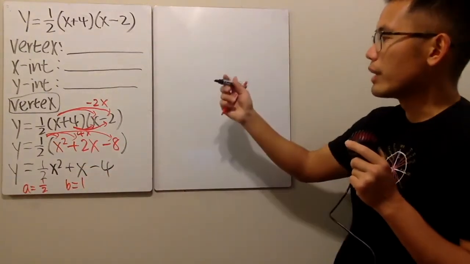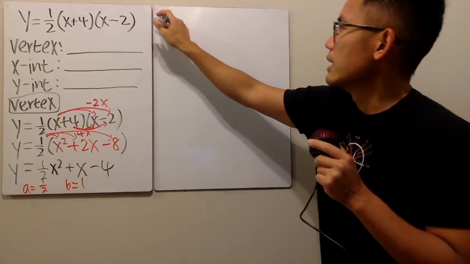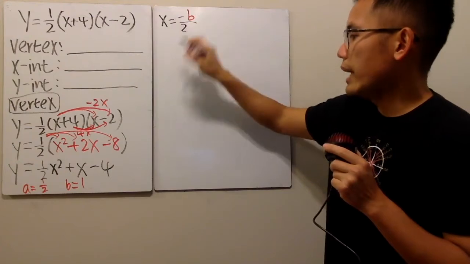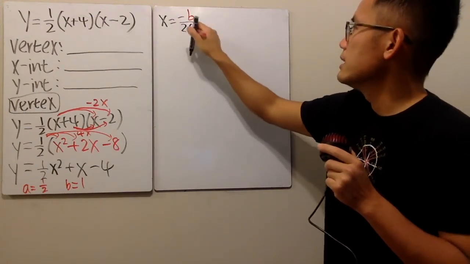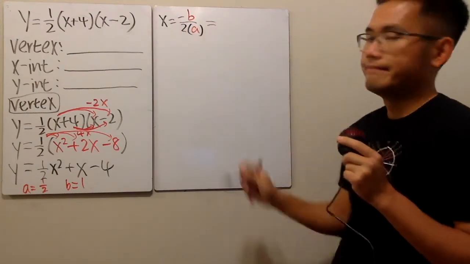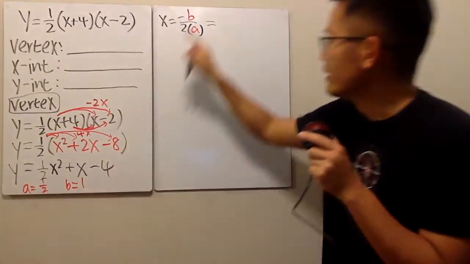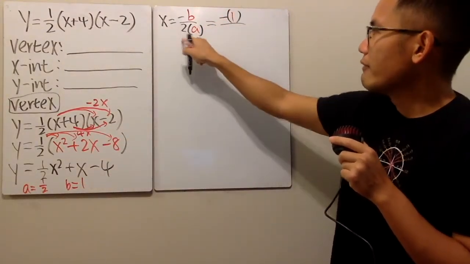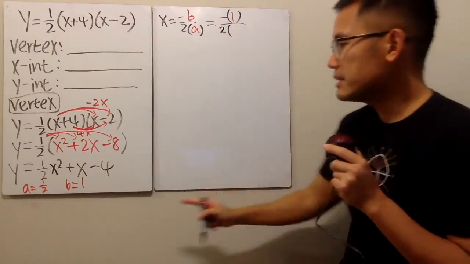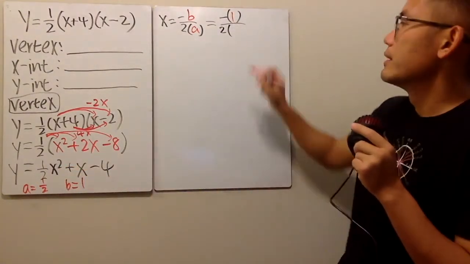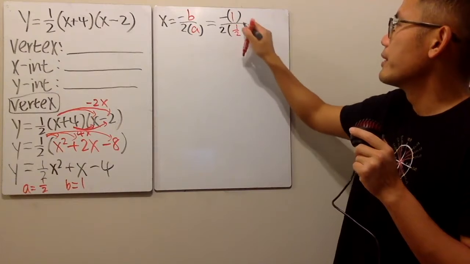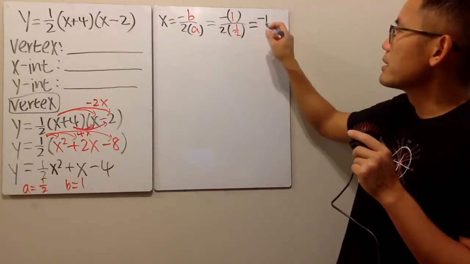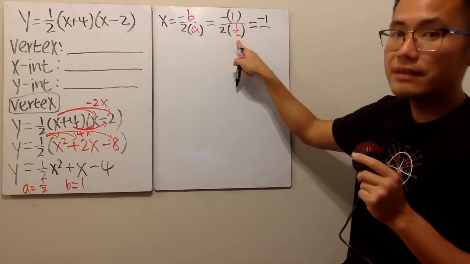So let me continue right here. The vertex is at x equals negative b over 2a. So let me write it down like this. b is 1, so we have negative 1, and then we have 2 times the a, which is 1/2. On the top we get negative 1. On the bottom, 2 times 1/2 is just 1.